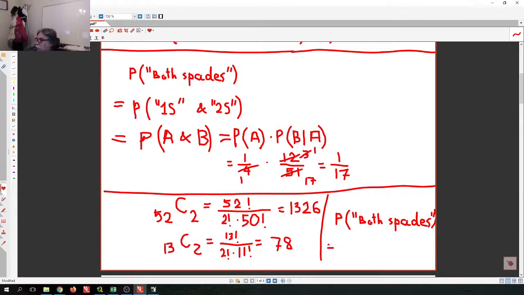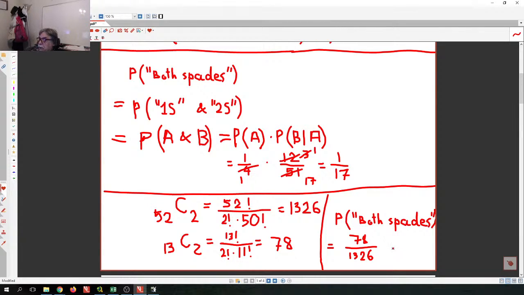So according to our good old theoretical formula, how many do you have in your event? You have 78, both spades. How many total outcomes? 2 cards, only 2 cards, 13, 26. They're all equally likely, and there's a finite number of them, 1326.